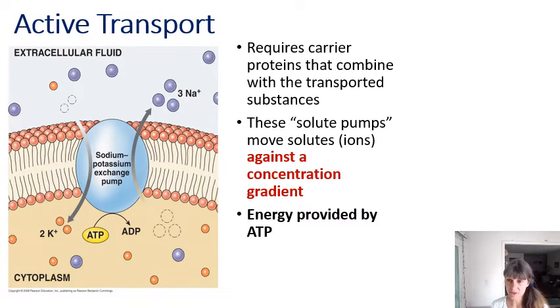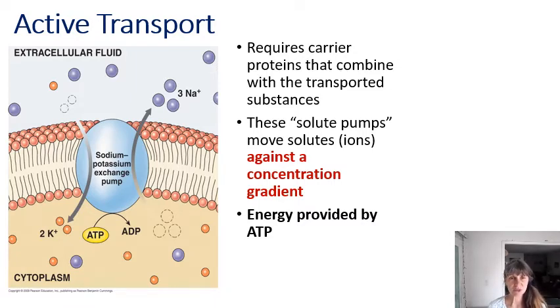Active transport, as we already know, is going to require cellular chemical energy in the form of adenosine triphosphate, or ATP. Active transport also requires carrier proteins that are going to combine with the substances being transported.